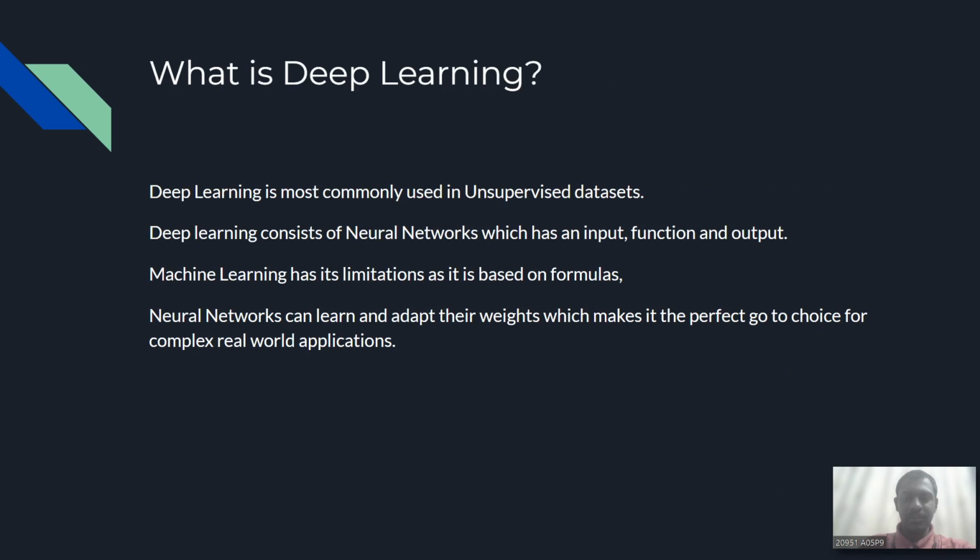So what is deep learning? Deep learning is most commonly used on unsupervised datasets, where unsupervised datasets are those which don't have any labeled meaning. Let's say you have found a new object in space, and we can take a picture of it.